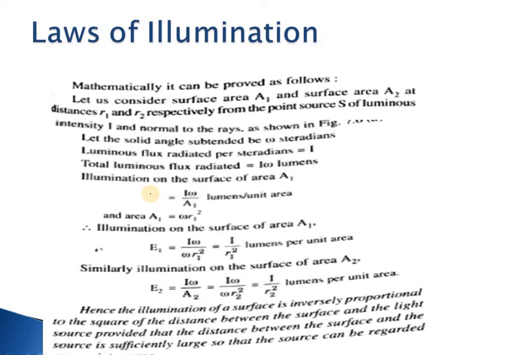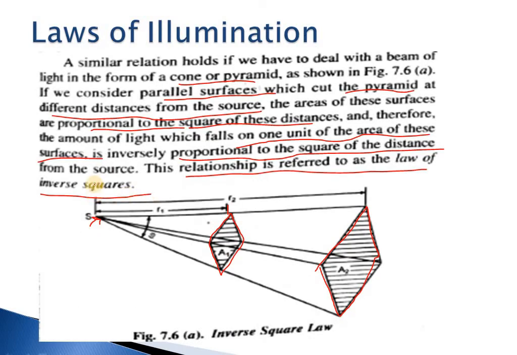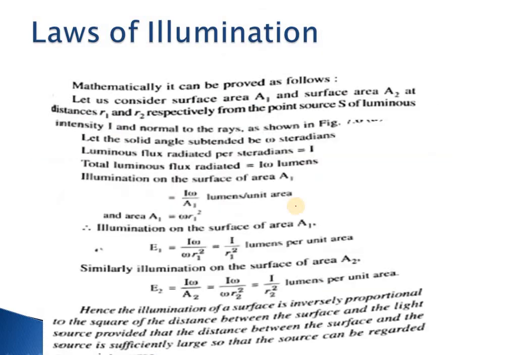So, for mathematical calculation, let us consider a surface area A1 and surface area A2 at a distance of R1 and R2 respectively from the point source S of luminous intensity. So, this is the source and these are the square areas A1 and A2 where the first distance is R1 and the second distance is R2. And the luminous intensity is I, normal to the rays as shown in the figure.